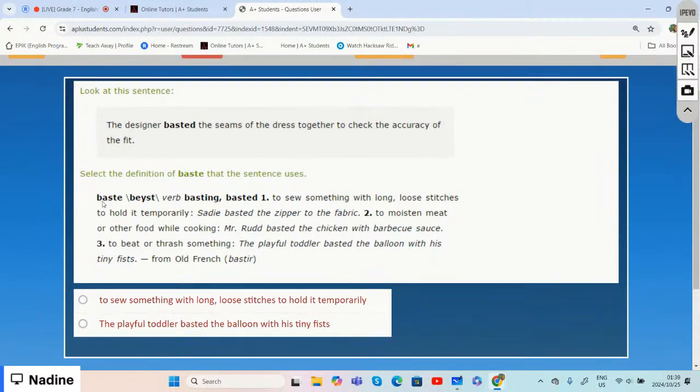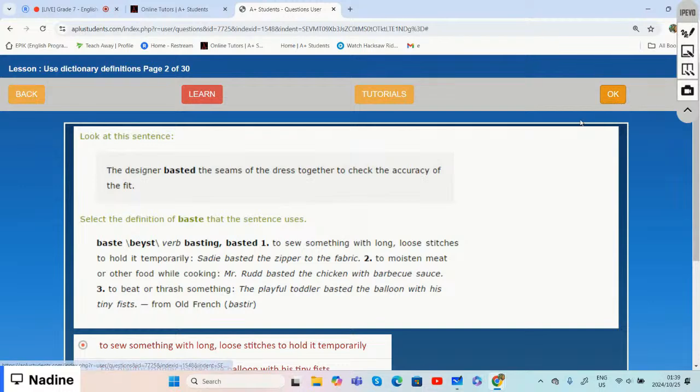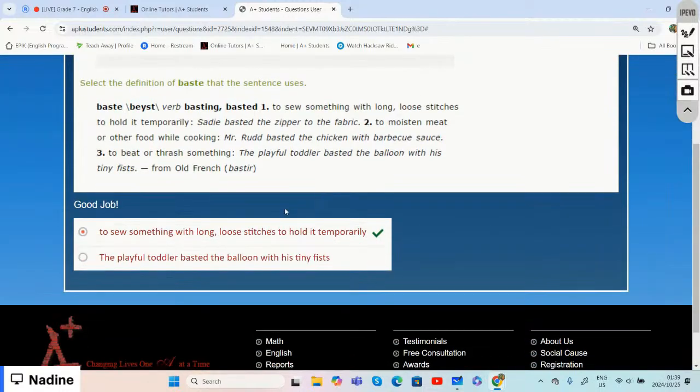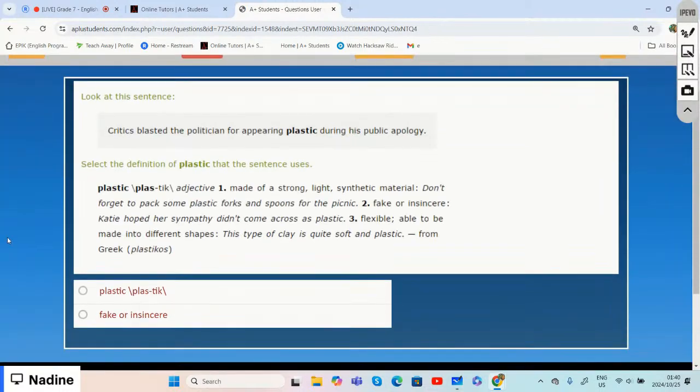Here we have a word, a pronunciation, a part of speech. So now we need to find the meaning of the word, and the meaning over here is to sew something with long, loose stitches to hold it temporarily, which is option one. All right, option one is correct.